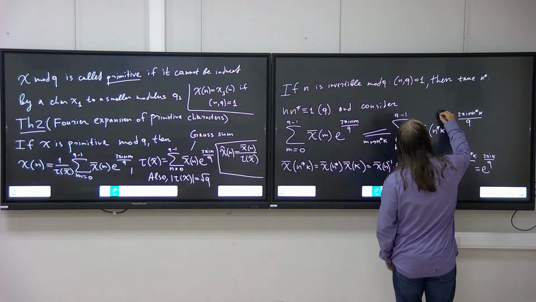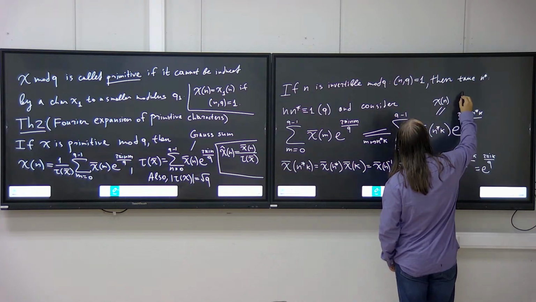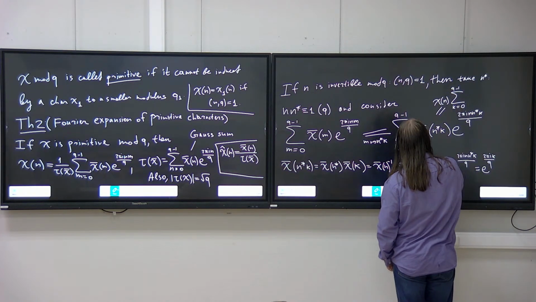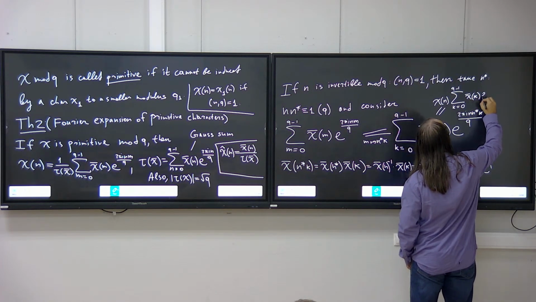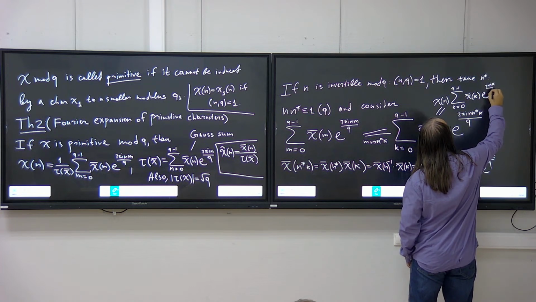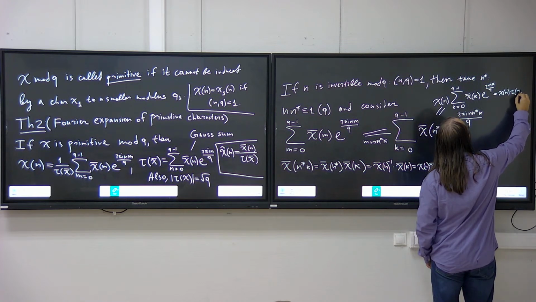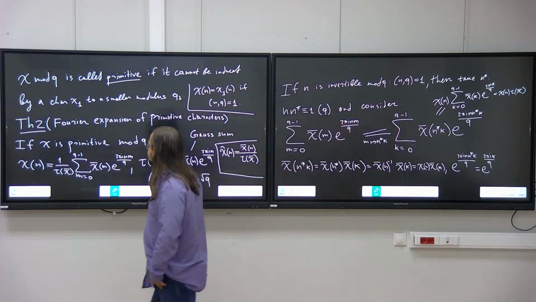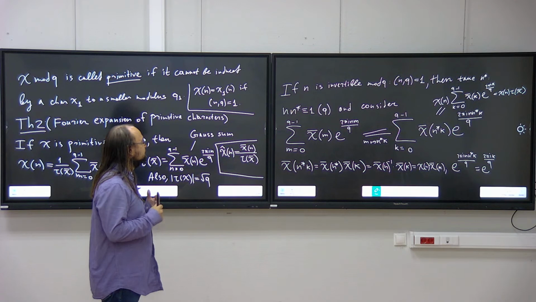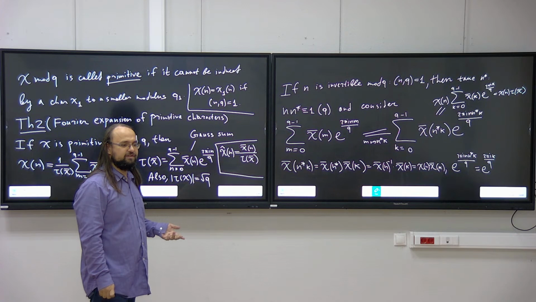So this sum is actually equal to chi of n multiplied by the sum over all k from 0 to q minus 1 of chi bar of k multiplied by e to the power 2 pi i k over q, which means that this is chi of n tau of chi bar by definition. So this concludes the proof if your n is invertible.